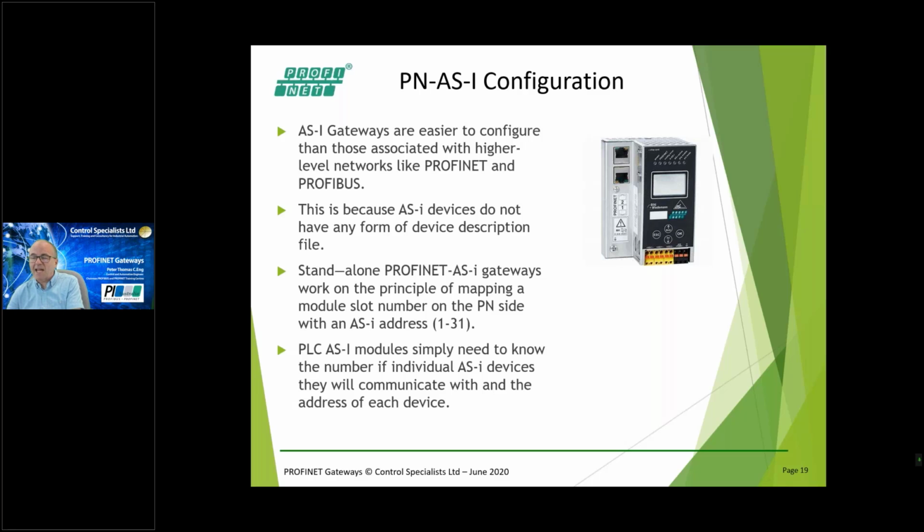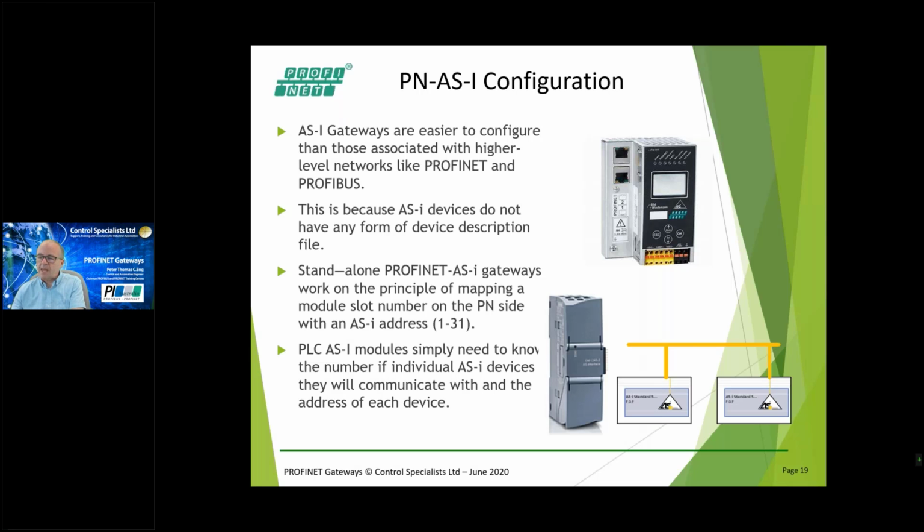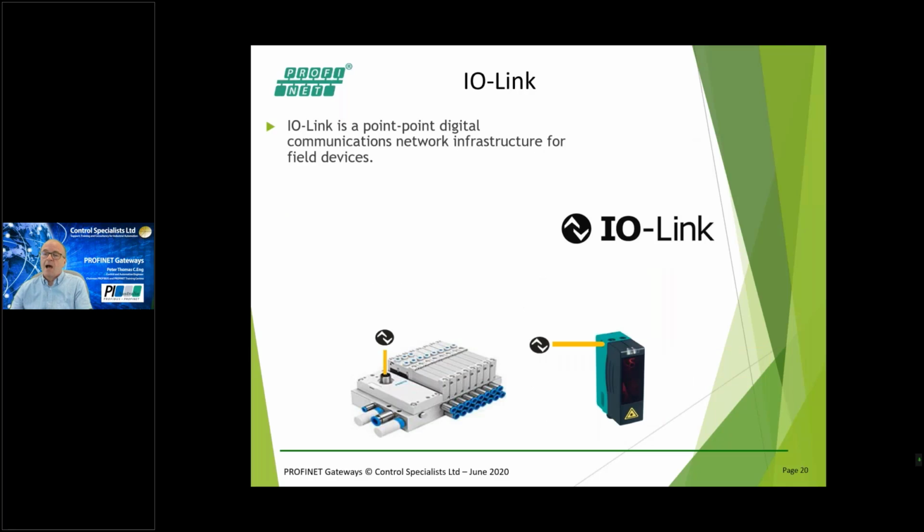At the end of the day, these are PROFINET IO devices from a PROFINET point of view. The advantage with the PLC module is that you only add the devices that you want to communicate with, rather than the top one, which is a complete RZ master capable of supporting up to 31 of these devices. But at the end of the day, it's RZ communication.